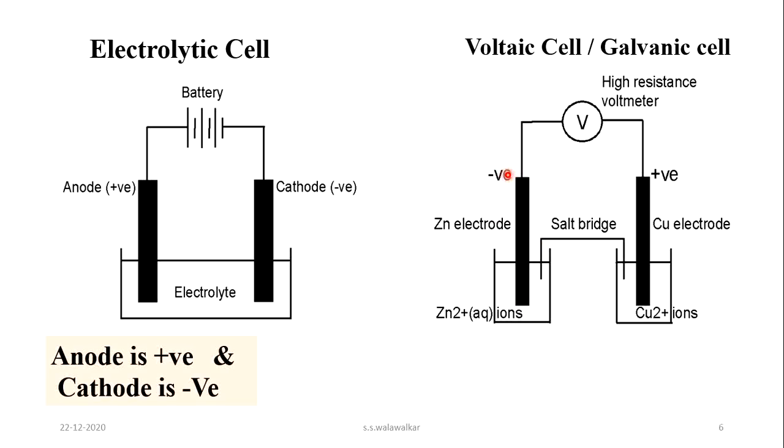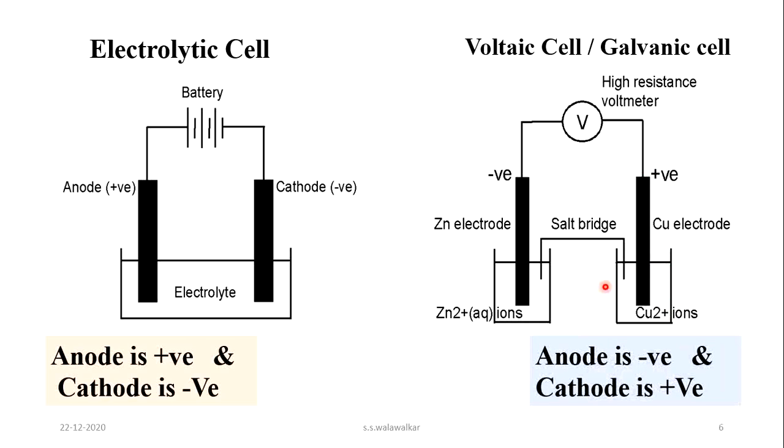Whereas these electrons pass through the external circuit towards the cathode, and here the copper ions accept these electrons, and therefore this electrode is positively charged.